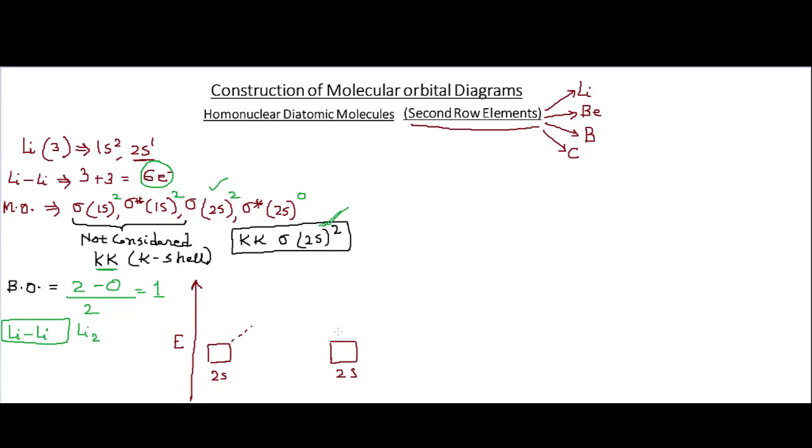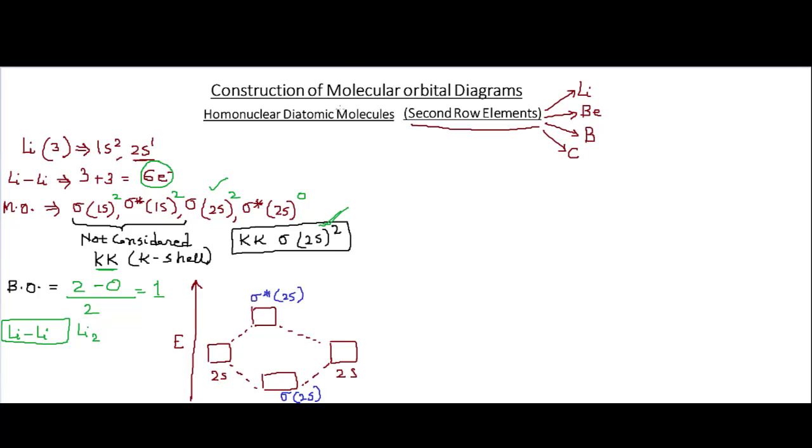And these 2s atomic orbitals give rise to molecular orbitals. So 2 molecular orbitals, one higher in energy, another lower in energy: sigma 2s and sigma star 2s.